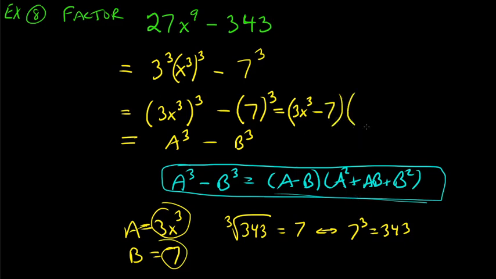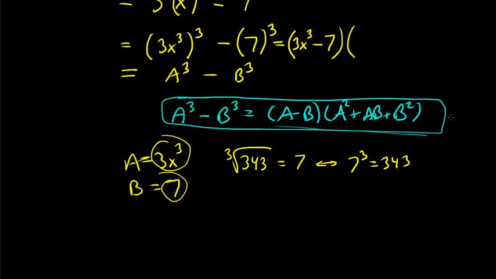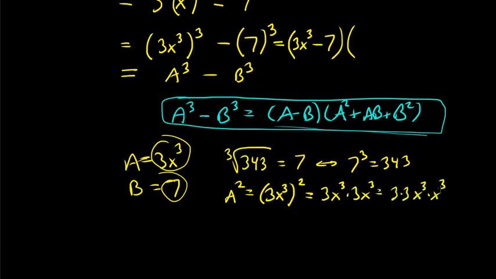Okay, so second factor, a squared. What is a squared here? If it's not obvious, let's write it out. It's 3x cubed squared, so it's essentially 3x cubed times 3x cubed. So 3 times 3 is 9, and x cubed times x cubed is x to the 6.